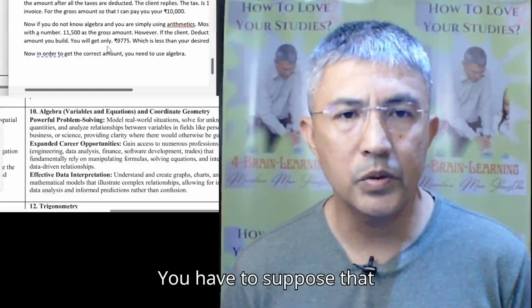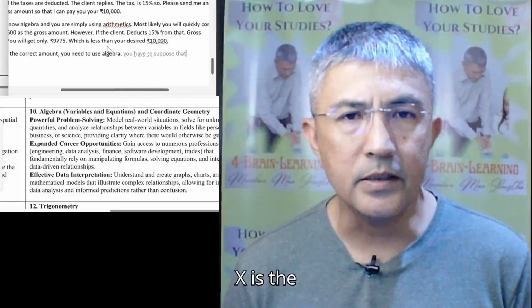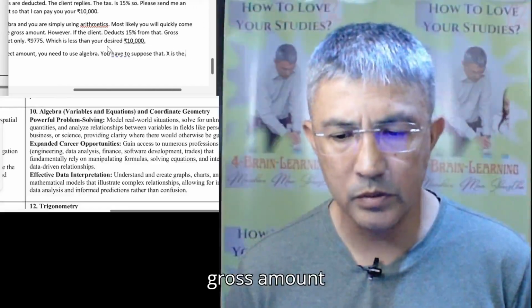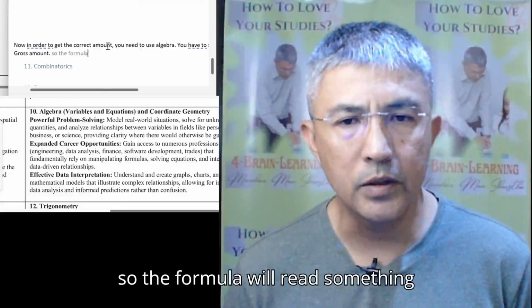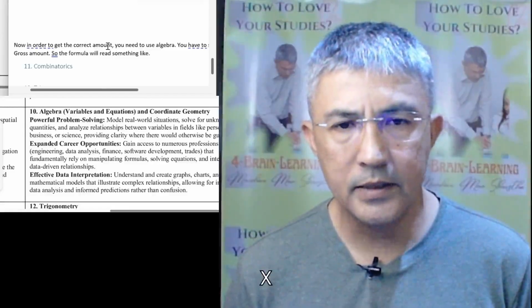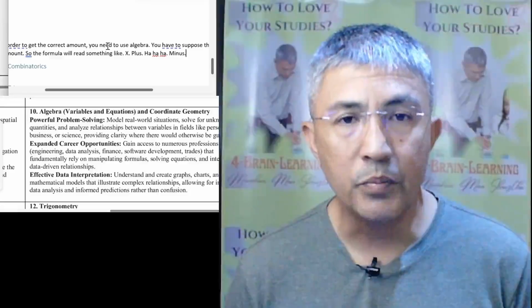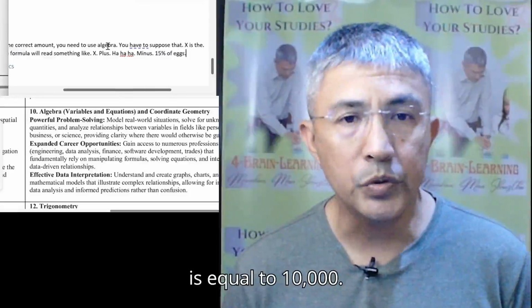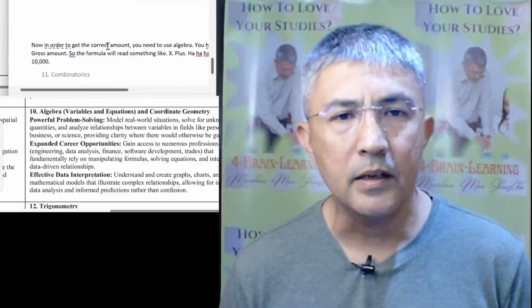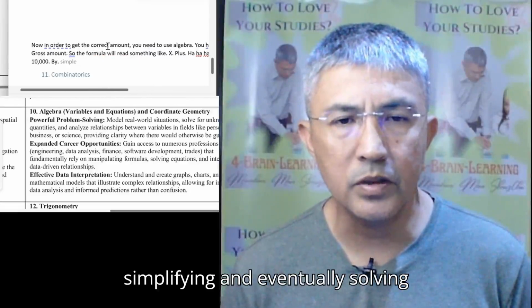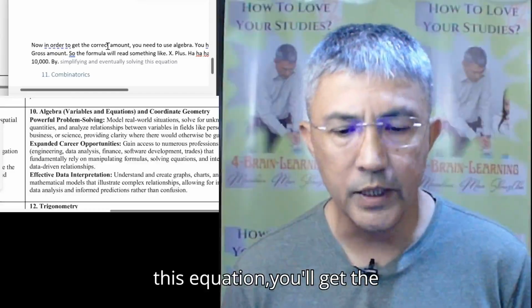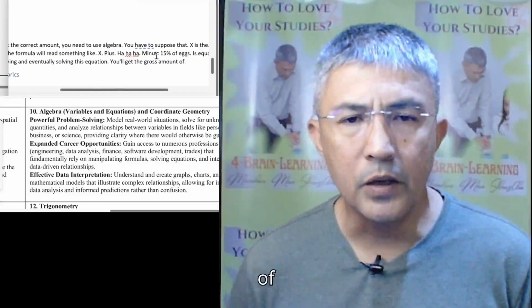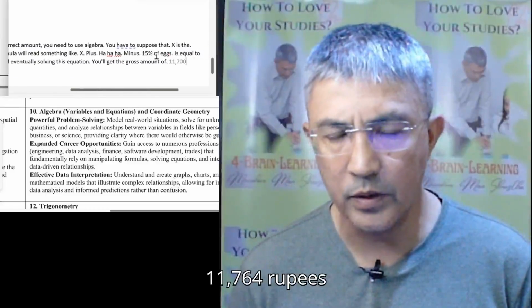You have to suppose that x is the gross amount. So the formula will read something like x minus 15% of x is equal to 10,000. By simplifying and eventually solving this equation, you'll get the gross amount of 11,764 rupees.